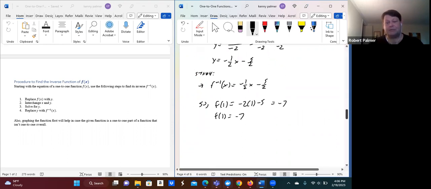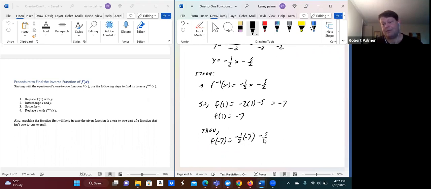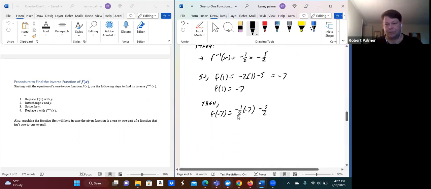Now let's see if this works. If we plug this into the inverse, we should get back 1. If I do f inverse of negative 7 into this, negative 1/2 times negative 7 minus 5/2. Now remember fractions multiply across, and so this is going to be positive.